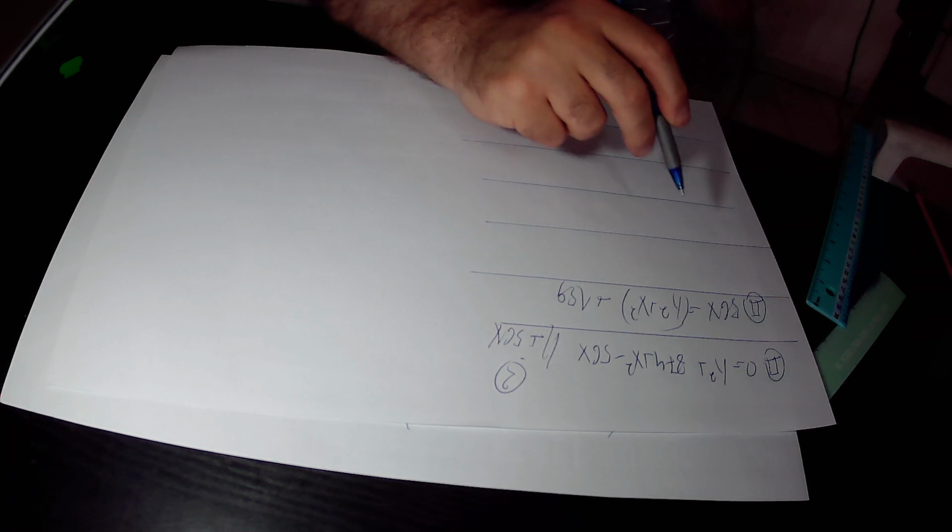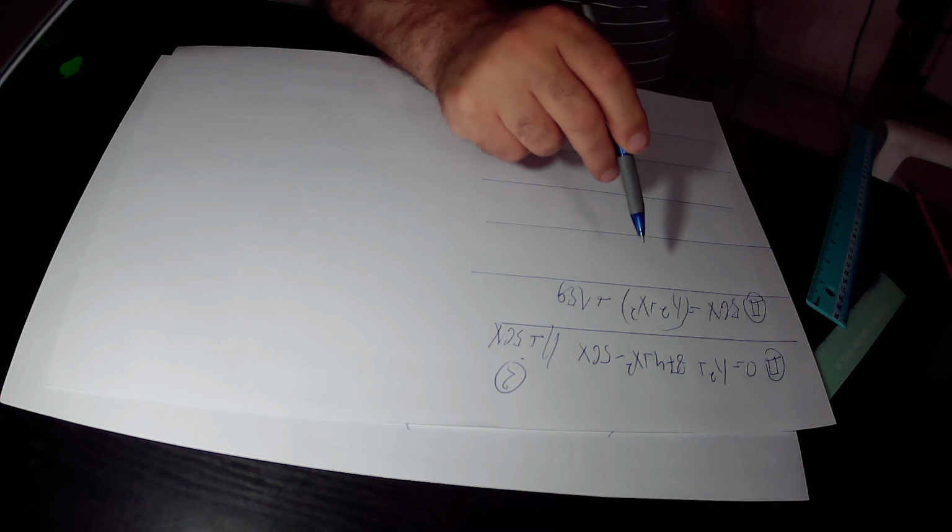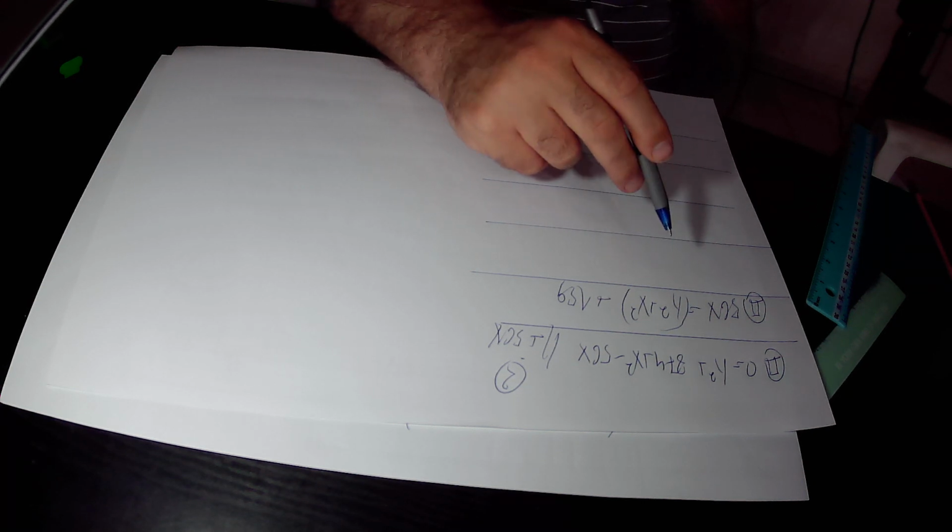So in total we can find out that 56x equals 8 squared plus x squared plus 159.